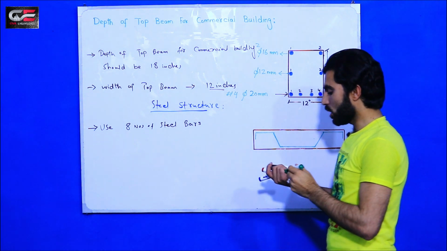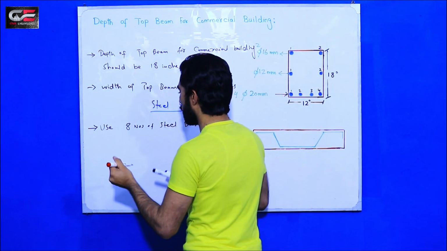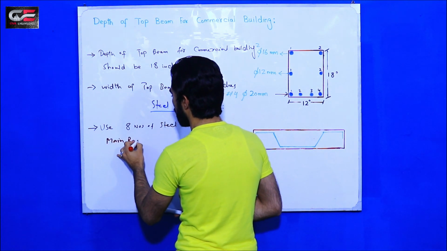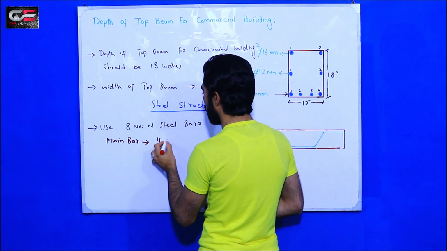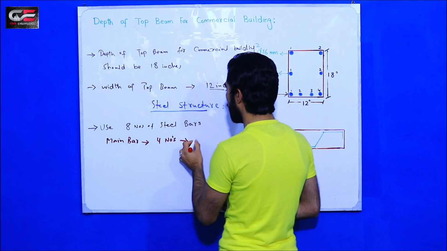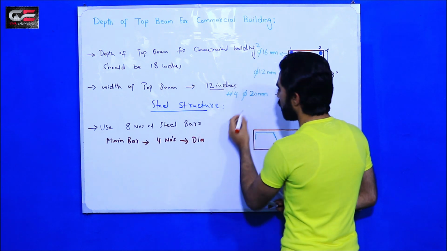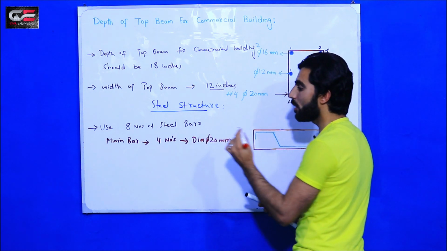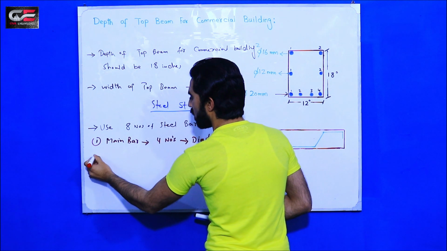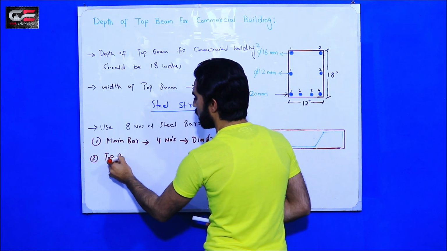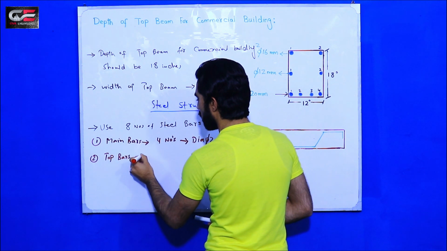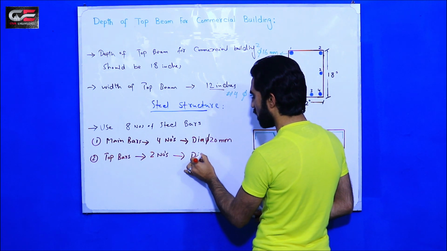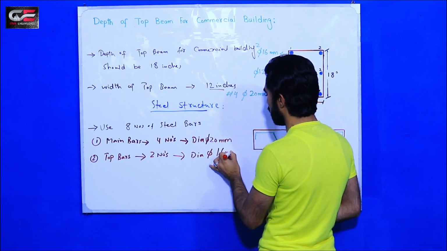Okay, so you can see main bars. First for main bars. So guys, main bars we have four numbers, dia 20 millimeter. Okay, second, top bars, two numbers, which dia should be 16 millimeter.